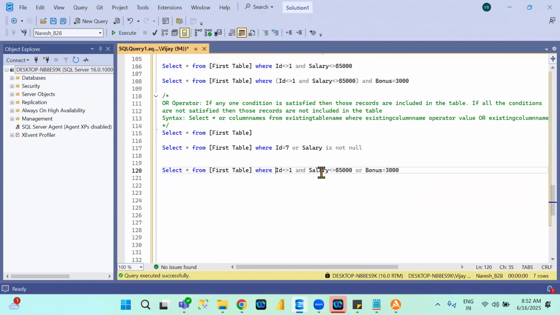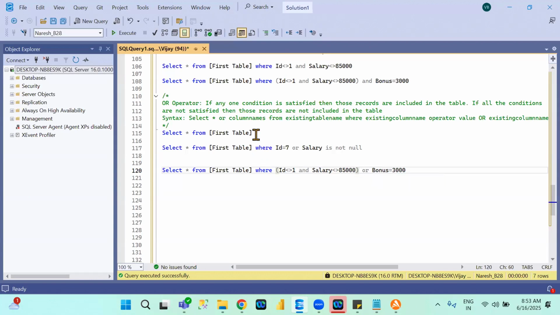Now, see here. I'm writing the first two conditions with the AND operator. Whenever you are writing more than two conditions, for every two conditions, you have to put them inside an open bracket and close bracket. And see here, here AND operator, here OR operator. You can write n number of AND operators, n number of OR operators. It's not compulsory to use only AND, only OR. Whichever is required, you use that.